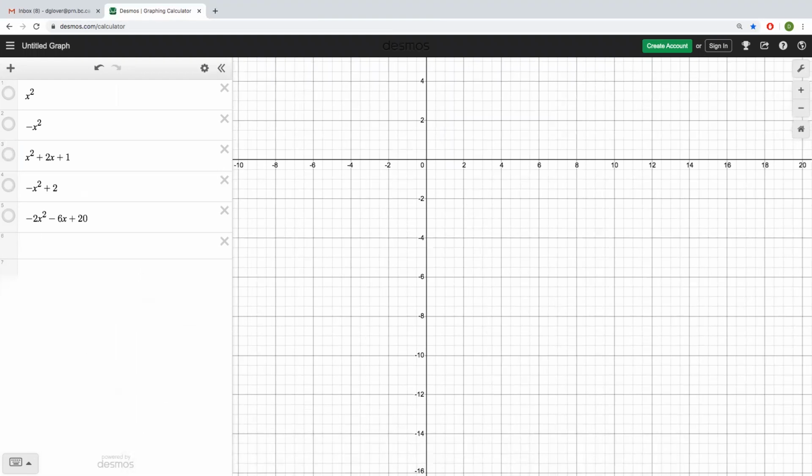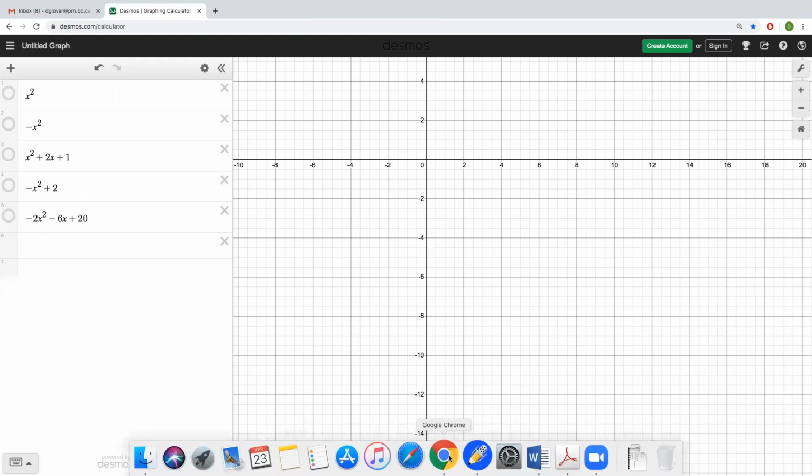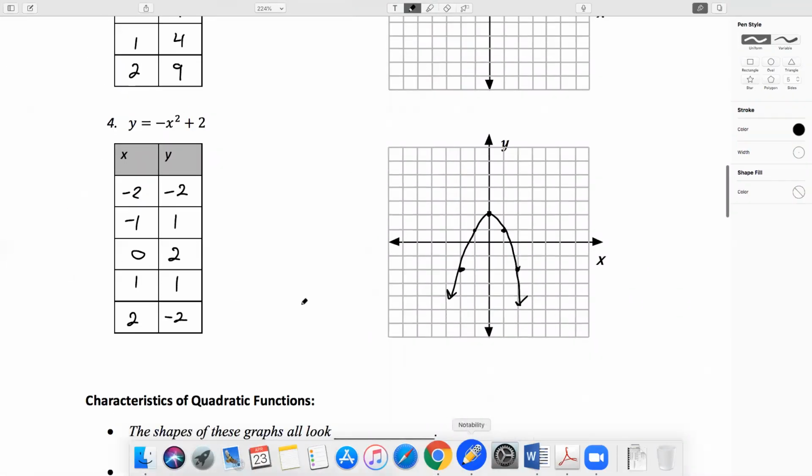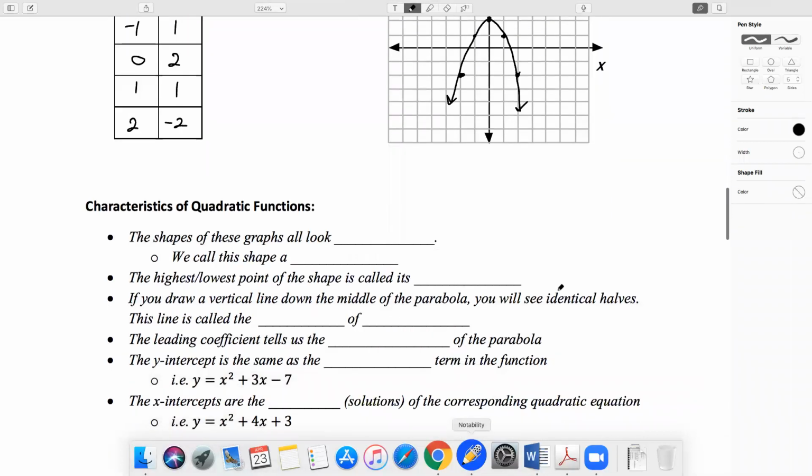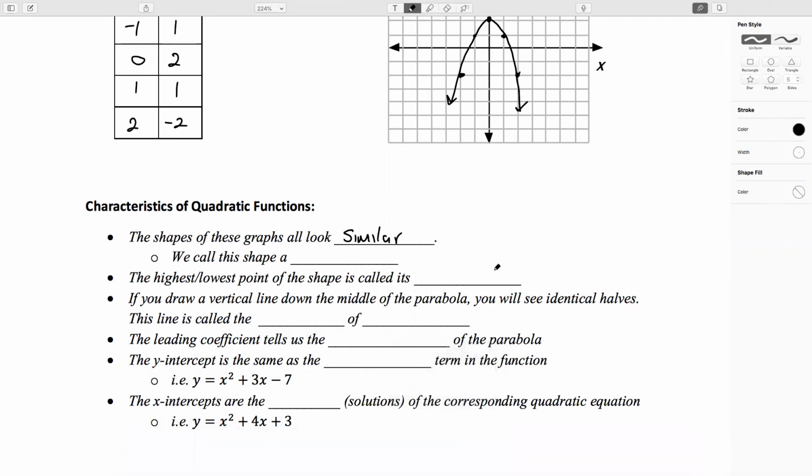All right, so let's talk about some properties of quadratic functions. The shapes of these graphs all look similar. And there is actually a specific name. The shape itself is called a parabola.